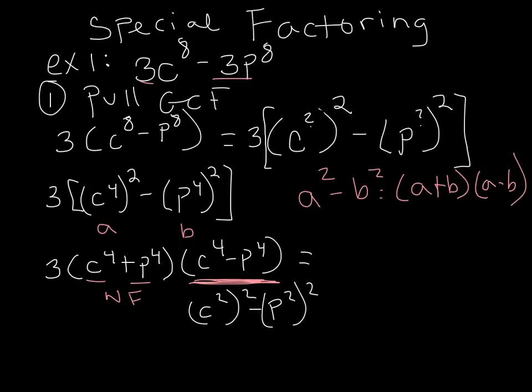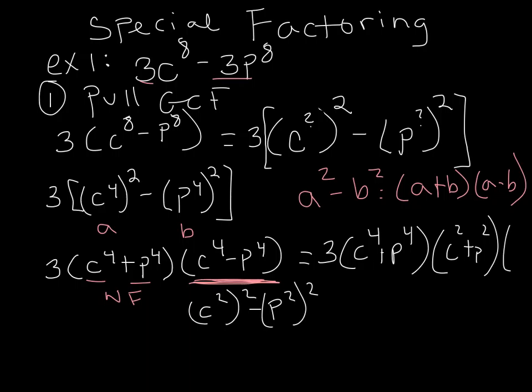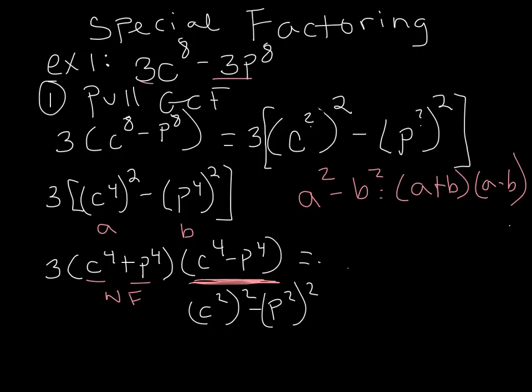So now you have, using our formula, 3, c to the 4th plus p to the 4th, that's going to stay. And then we have c squared plus p squared and c squared minus p squared. I'm going to run out of room here, sorry about that. Let me see if I can rewrite it a little bit lower down.